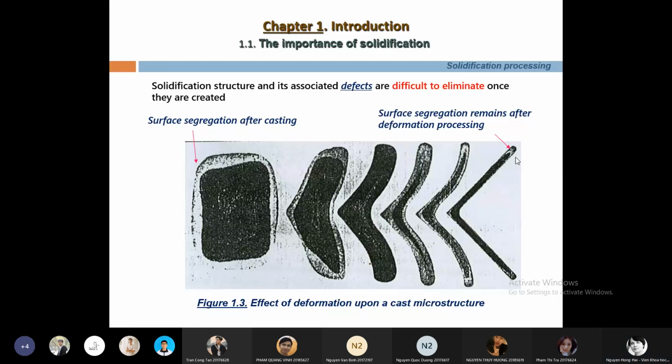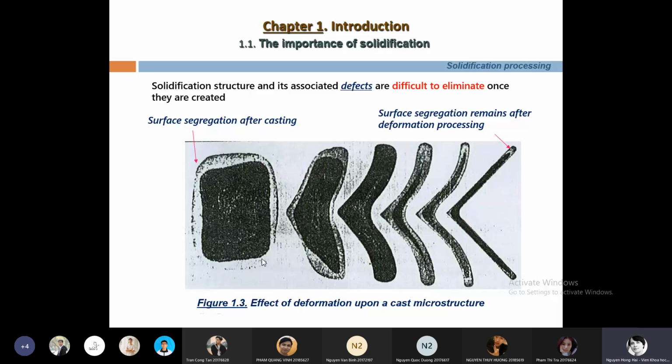See? So the task: do not let them form. It is our task. Prevent their formation. Do not let the segregation form, or another kind of defect.